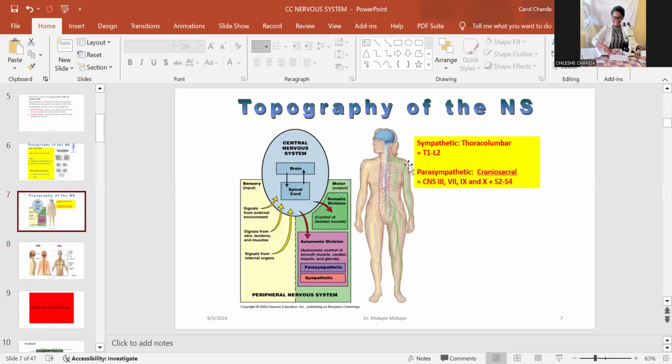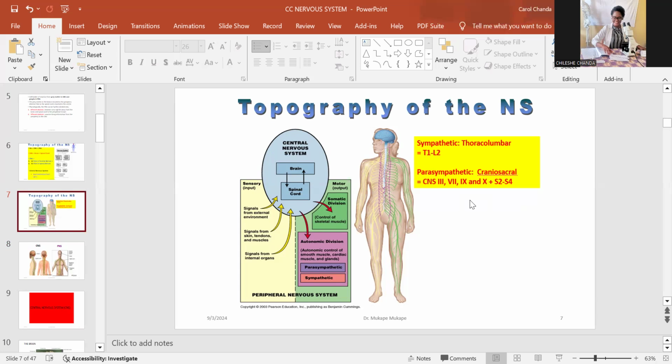Okay. Now, among those 31 pairs and 12 pairs of nerves in the peripheral nervous system, we are going to find that some nerves carry sympathetic stimulation and others do not.